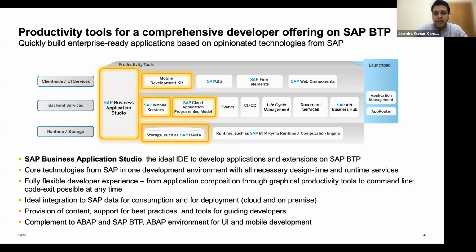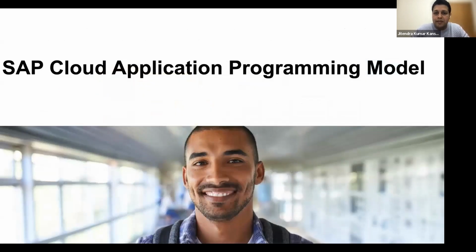So we'll start with building a backend service using SAP Cloud Application Programming Model, and then we'll deploy that to the SAP BTP HANA Cloud as a persistent layer. And for the UI development, we will use Mobile Development Kit, and mobile services is a runtime for MDK. Right. So then let's go and hear more about SAP Cloud Application Programming Model from our expert David.